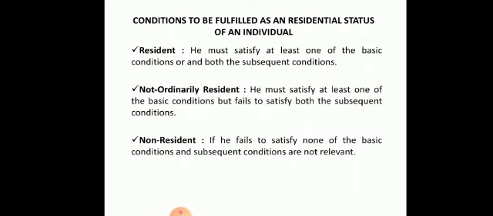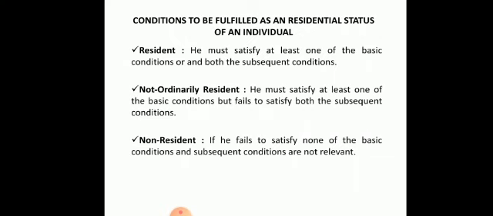First, to be a resident in India or ordinarily resident in India, an individual is said to be resident in India in any previous year if he satisfies any of the two basic conditions and both the subsequent conditions. Then only he will be called a resident in India as per section 6 subsection 1.